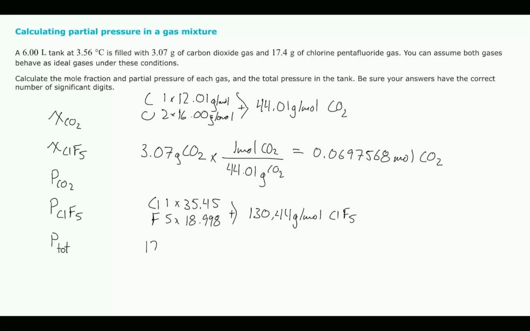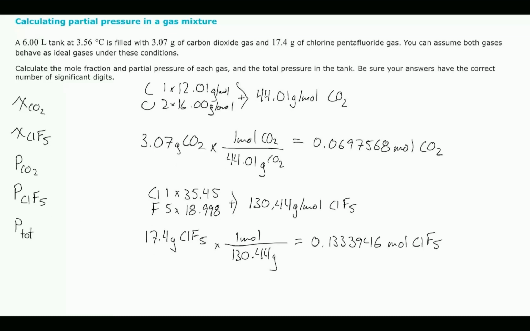So we do similar things, 17.4 grams, and then divide by that. 1,3,3,3,9,4,6. Now we got moles.